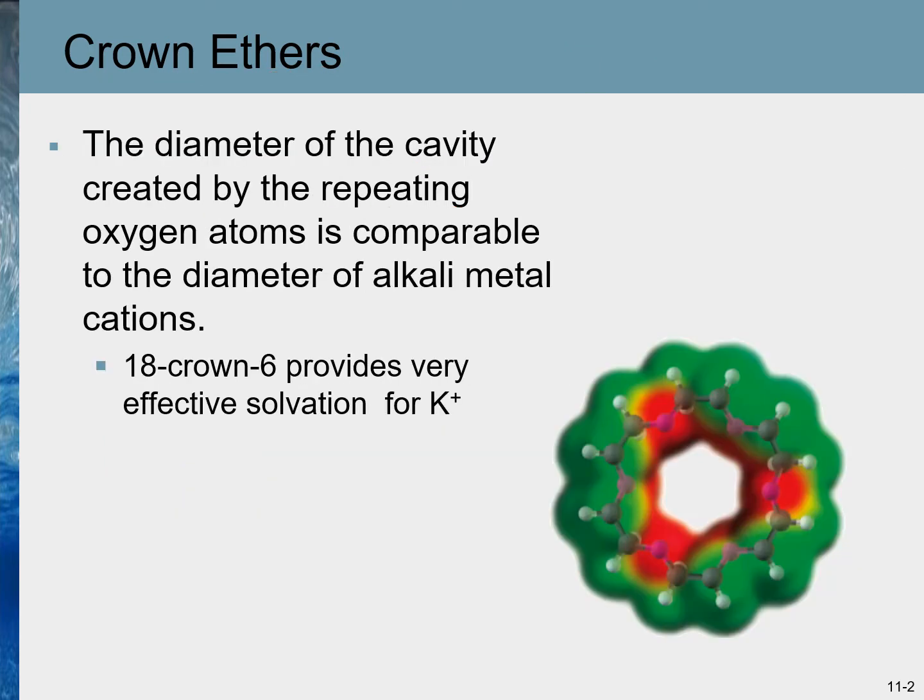The most significant structural feature of crown ethers is that the diameter of the cavity created by the interior oxygen atoms is comparable to the diameter of alkali metal ions. For example, the diameter of the cavity of 18-crown-6 is comparable to the diameter of the potassium ion.